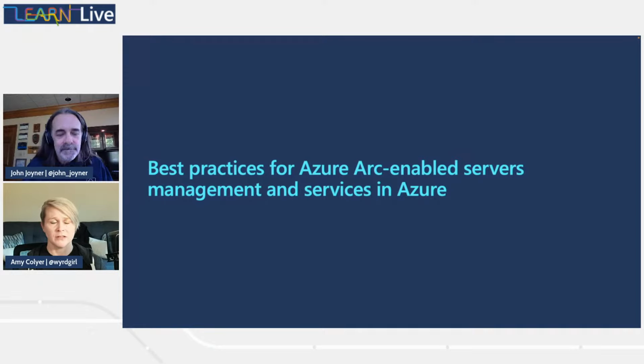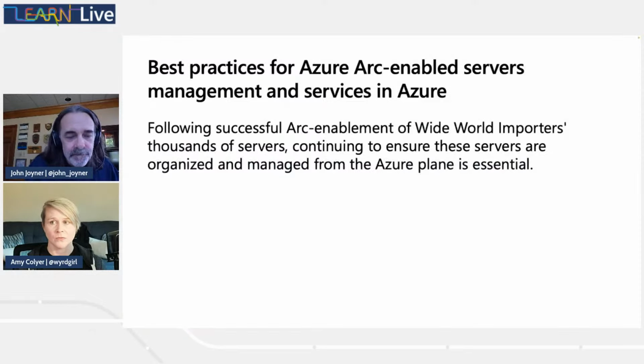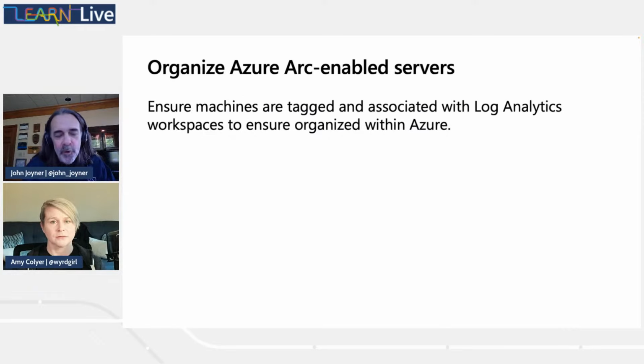So we're on to the last module. The best practices. When I talk about organizing your Azure Arc-enabled servers, the first thing that comes to my mind, and I already talked about it, is the resource group, and resource group tagging.